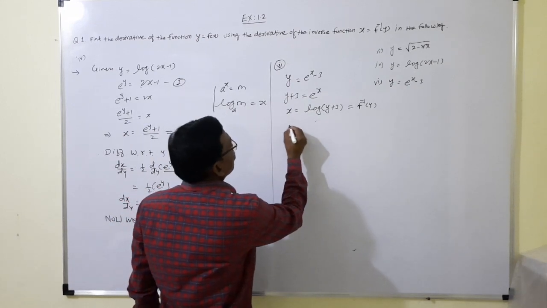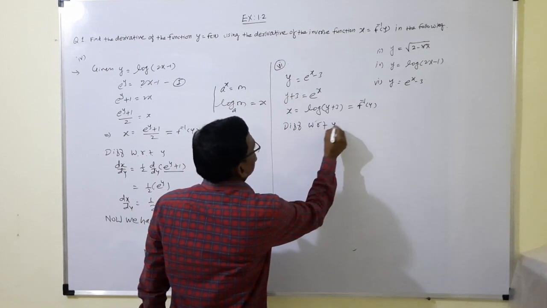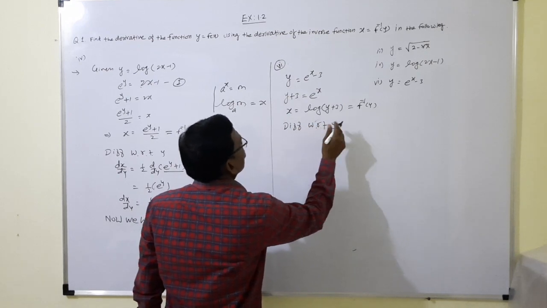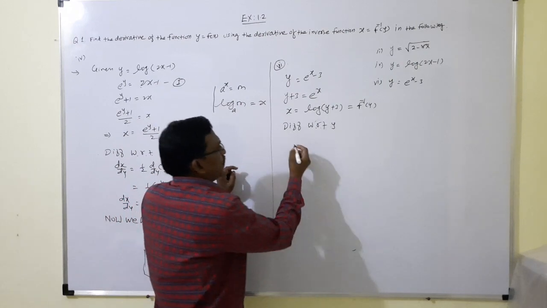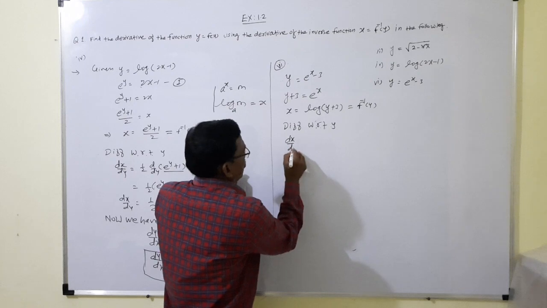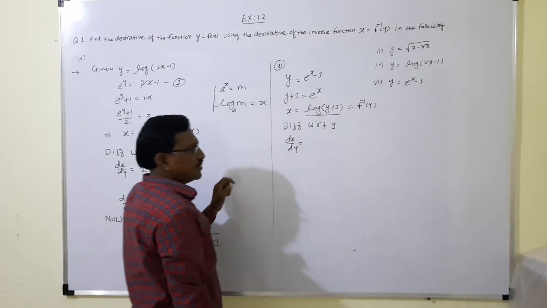Now we take its derivative, differentiating with respect to y. We get the derivative of x with respect to y, dx by dy, equal to the derivative of log of y plus 3.